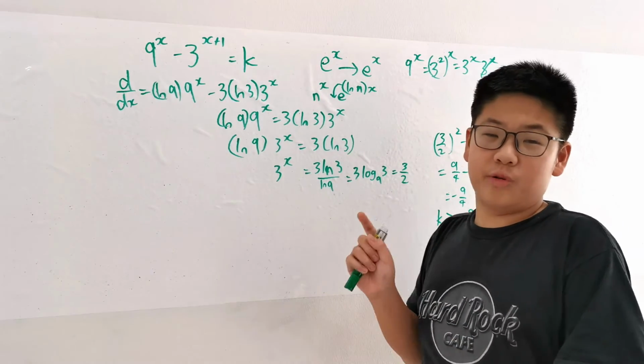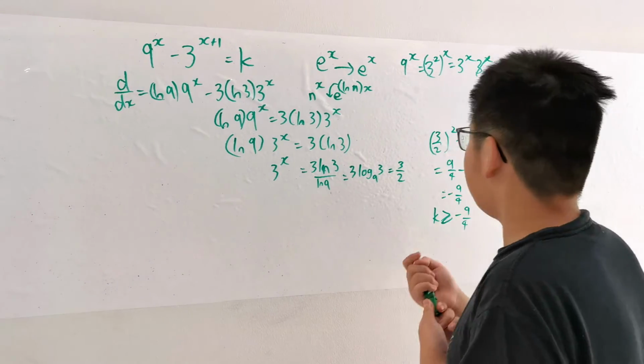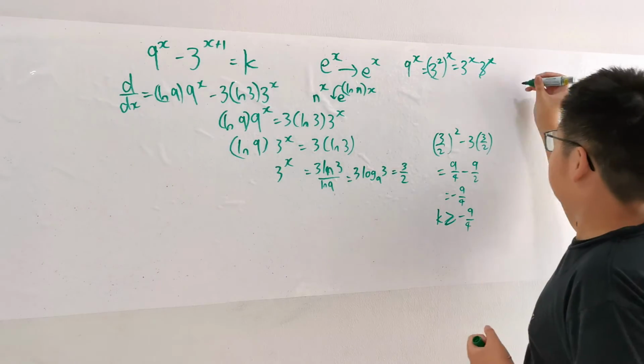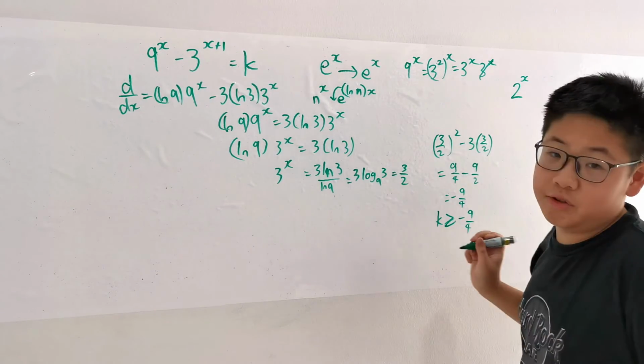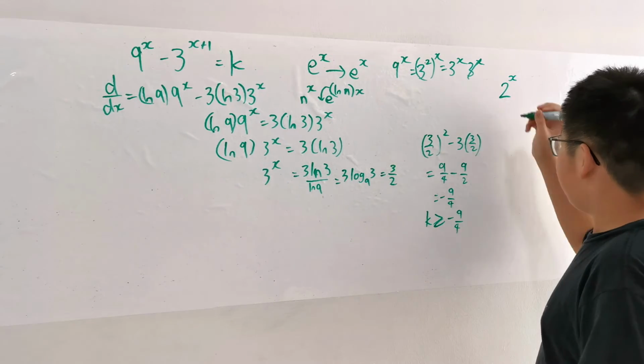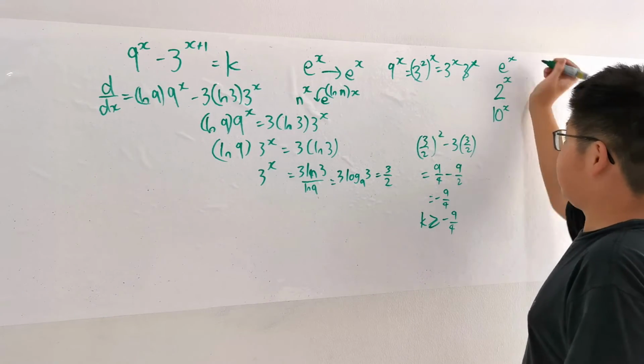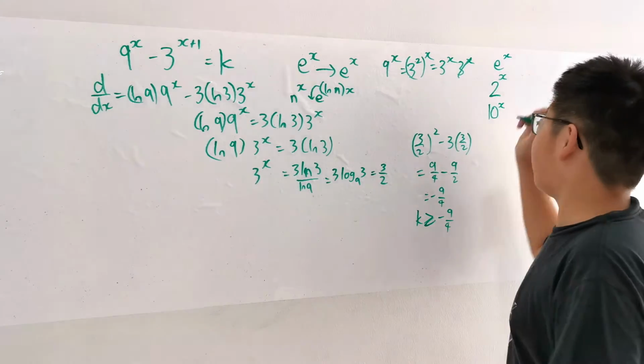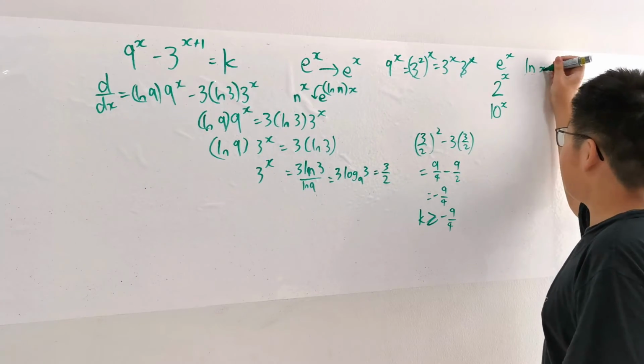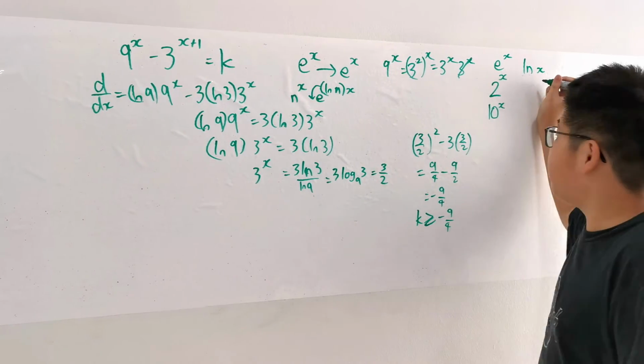Anyway, there are 3 common power functions you should know. E to the power of x here, 2 to the power of x, used in computer science and stuff, and 10 to the power of x. Now let's write down these power functions, and they have special names for the logarithms. The natural logarithm for e to the power of x, commonly abbreviated as ln.